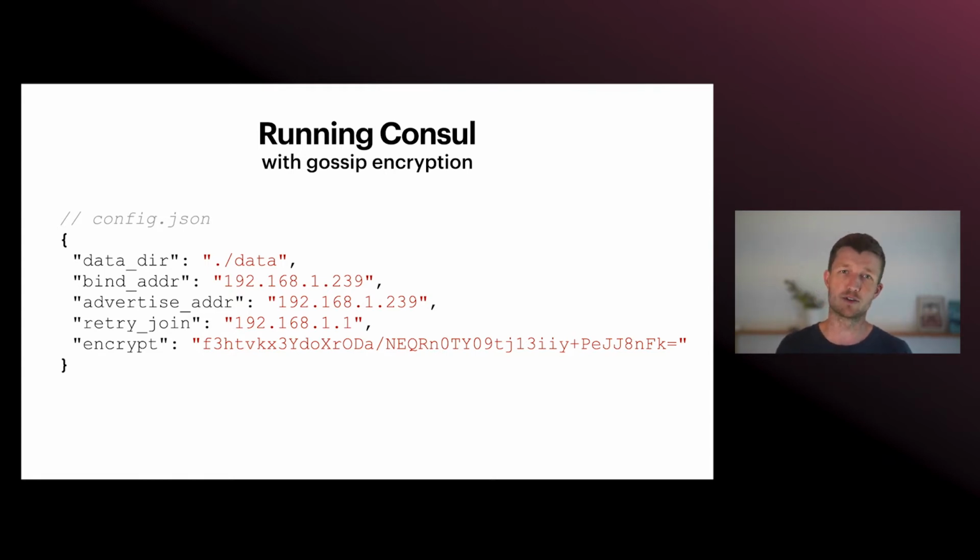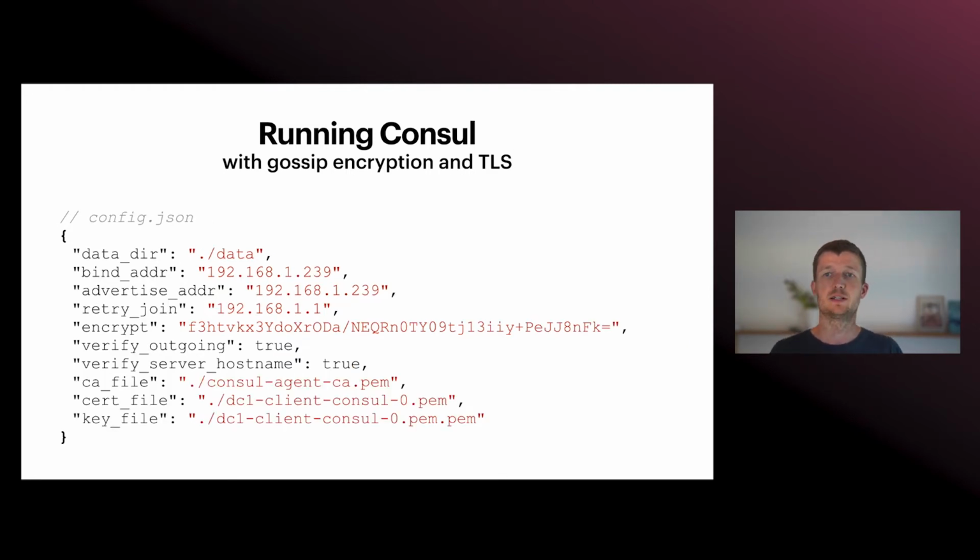Unfortunately, TLS is not available on UDP, which is why the gossip layer is encrypted via symmetric encryption. So this is a secret you have to put into your Consul client in order to be able to join an encrypted Consul cluster.